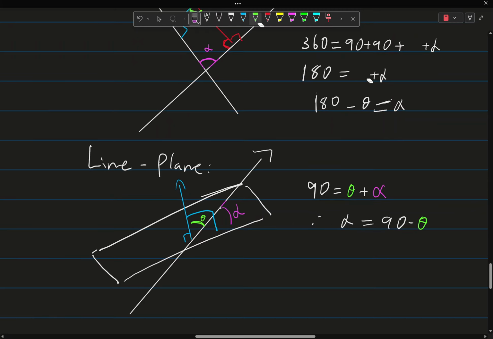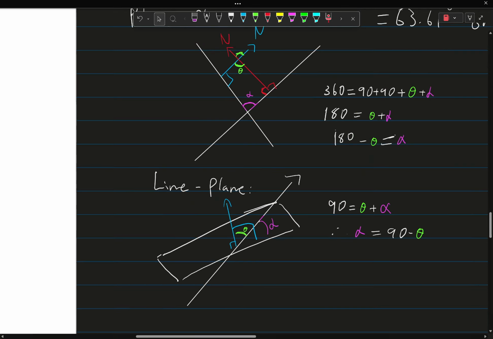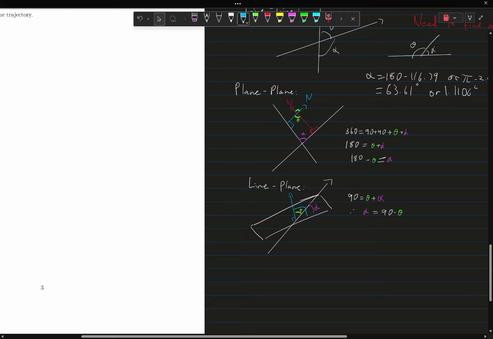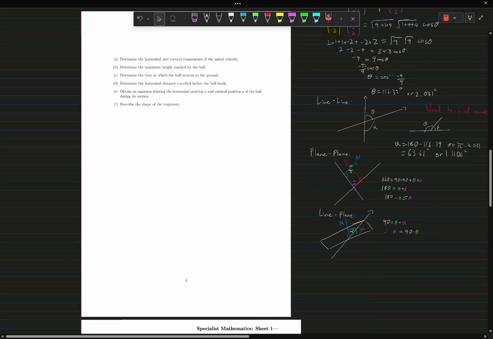I'll just color code the other one up top. Does that make sense to everyone? Alright, cool.